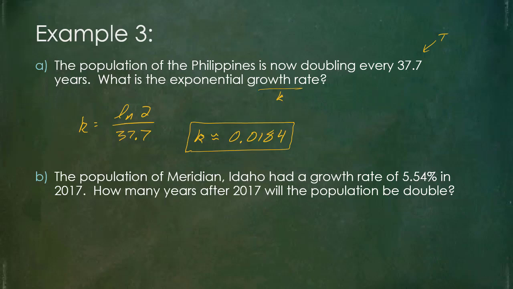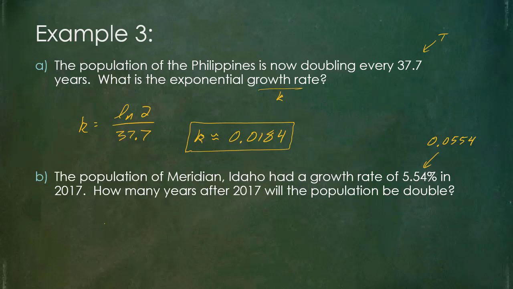Part B, it says the population of Meridian had a growth rate of 5.54%, so that one is written as a percent. So I first want to think of it as a decimal, so move the decimal 2 places to the left, 0.0554. And it says how many years after that would it take for it to double.